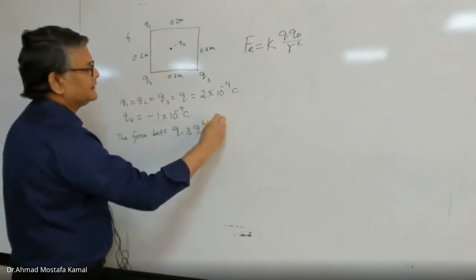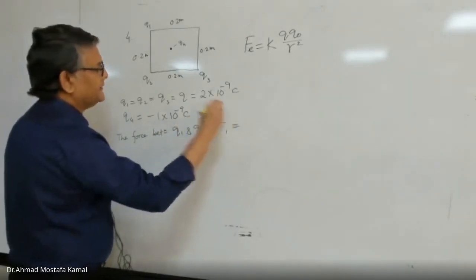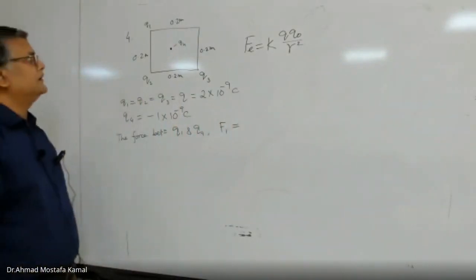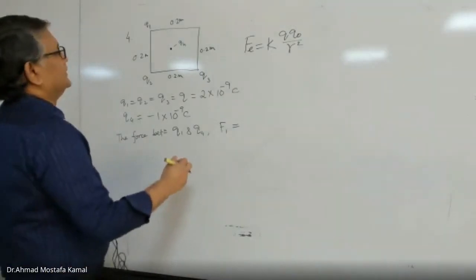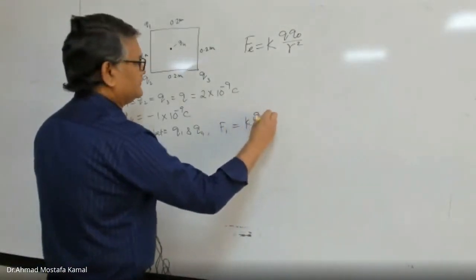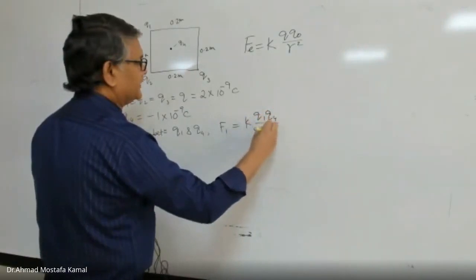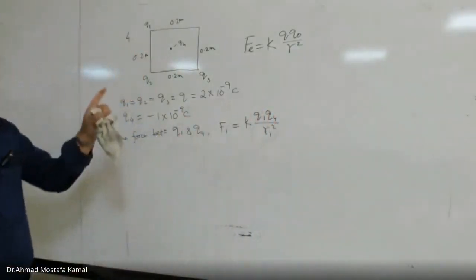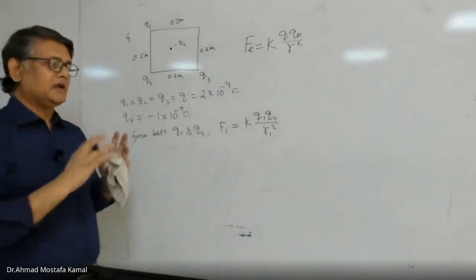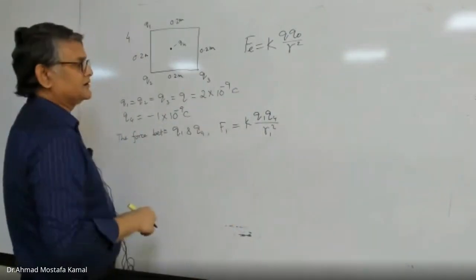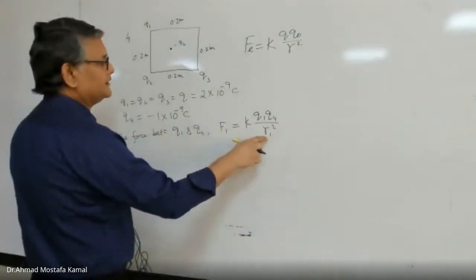Say this is F1. The force between Q1 and Q4 is F1, which is K Q1 Q4 by R1 square. আমি কিন্তু Q4 এর মাইনাস সাইনটা এখানে বসাইনি। কেন বসাইনি এটা আগেই ব্যাখ্যা করেছি, কারণ ওইটা আমি ডাইরেকশন বের করার জন্য ব্যবহার করব.